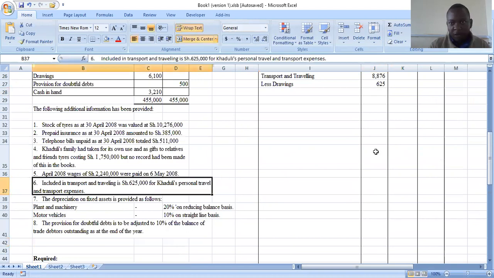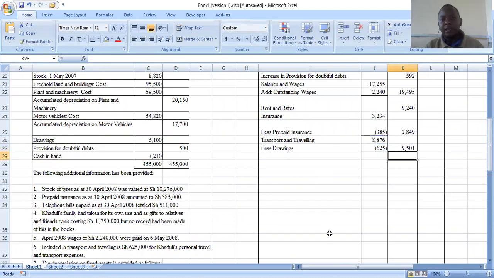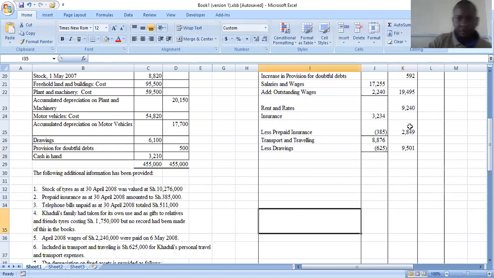No other additional information. So you put this in brackets. So I deduct drawings of 625. So that is 8876 minus 625. So the actual transport and traveling expense of the business is 9501.